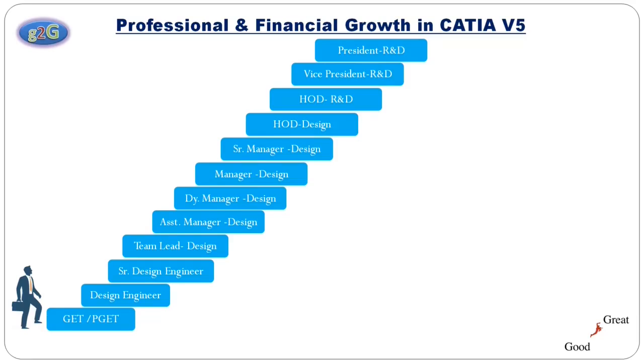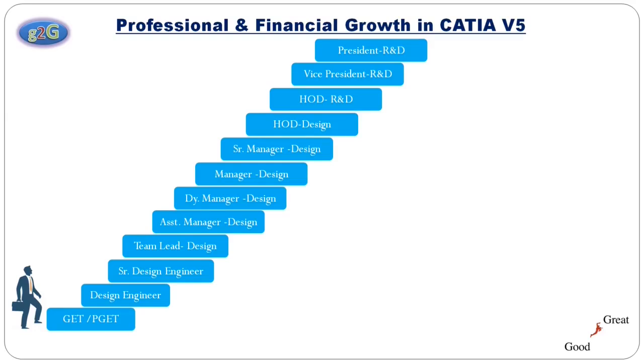The next levels can be team lead design, assistant manager design, deputy manager design, manager design, senior manager design, head of the department design, head of the department R&D, vice president R&D, president R&D. Many are not able to reach the position of president. Many get retired by the time they become HOD of design or HOD of R&D.